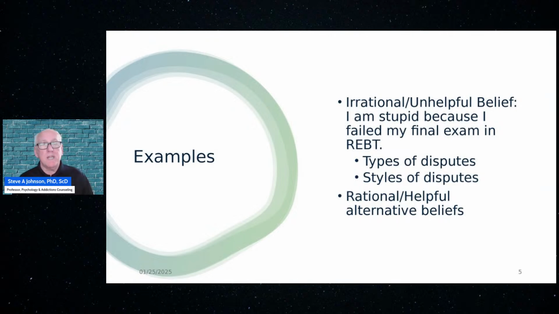It's not helpful. Maybe they just didn't get that some courses are more difficult than other courses for people, just depending on what we're interested in and what comes easily for us. Doesn't mean you're stupid. The most you can say is you failed an exam. That's the most you can conclude of failing the final exam in REBT.